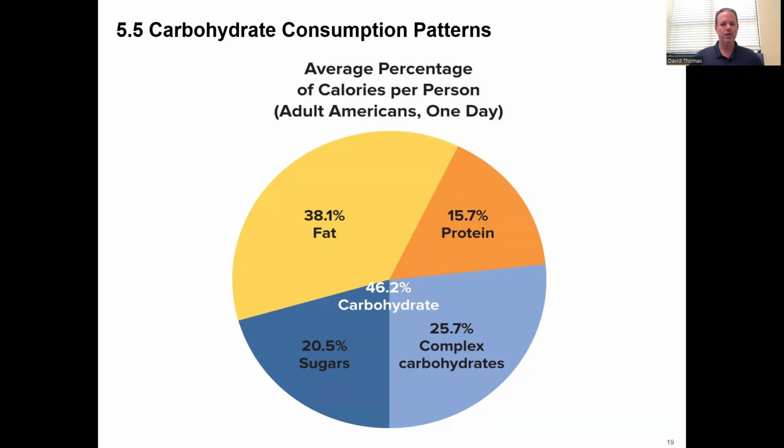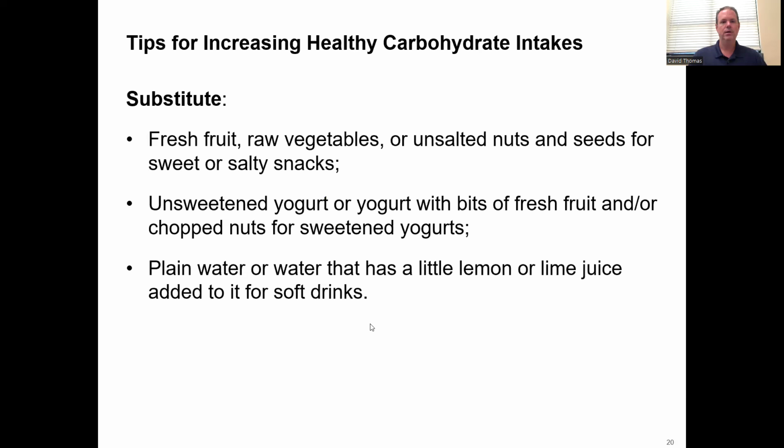Protein's not a huge energy source. We use proteins for other functions in the body, but you do convert some protein into energy, and we'll be looking at that in another chapter. So just consider where we're getting our calories from. And again, by far, the average is getting most of our calories from carbohydrates.